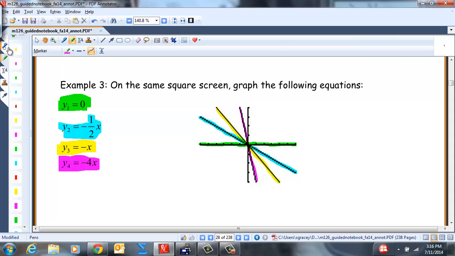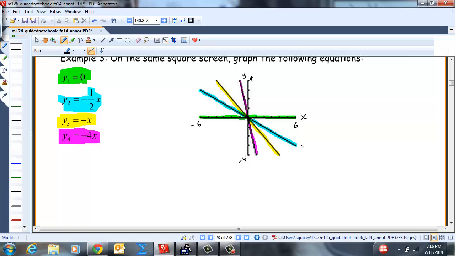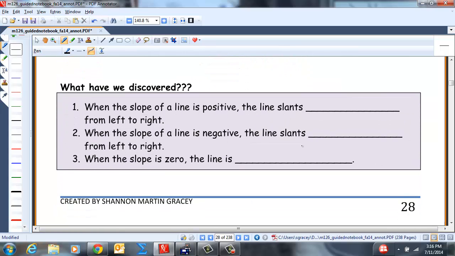Okay, so far? Good. So again, this was our scale. This was our y's and our x's. All right, moving on. So what have we discovered?